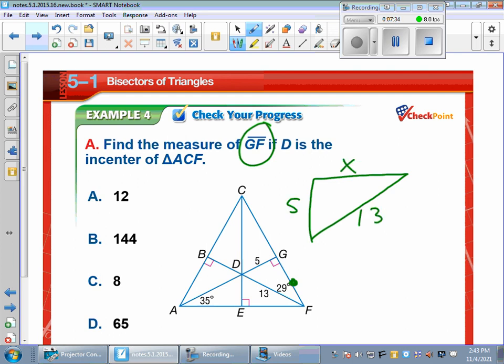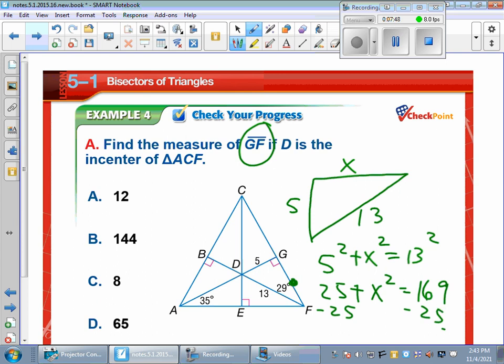And we're just going to call that x. 5 squared plus x squared equals 13 squared. 25 plus x squared equals 169. We're going to subtract the 25. X squared equals 144. And then you take the square root of that. And our final answer is A, which is 12.